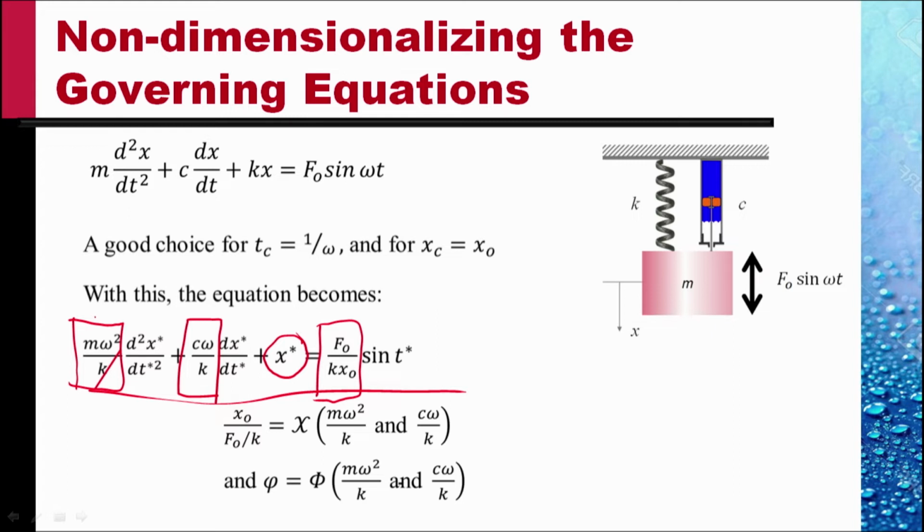These two are made up of the values of the independent parameters, and this, the last one, has x naught, the amplitude of vibrations, as the dependent parameter. And from this, it is clear that the value of this dependent parameter should be a function of only this and this parameter, which is written here like this.